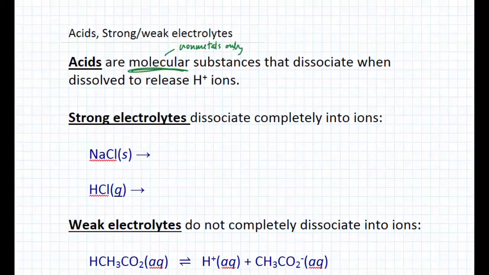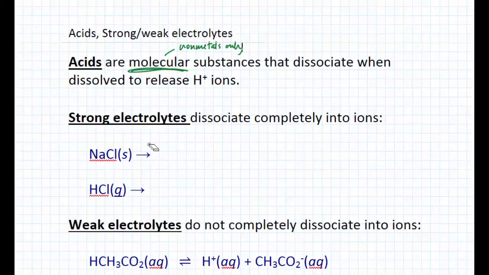Most molecular substances just stay as molecules when they're dissolved. But acids are molecular substances that dissociate when dissolved to release H+ ions. So acids are interesting. They start as molecules when they're pure, but when they're dissolved, they break apart into ions. So an acid can be considered a strong electrolyte.